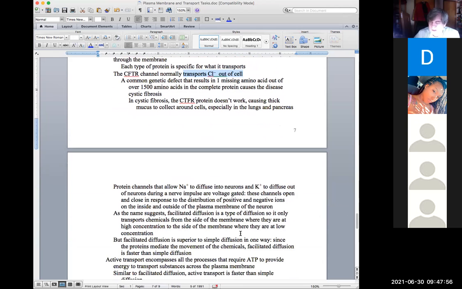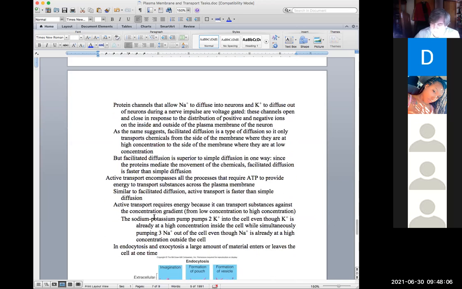One of the most important types of active transport is something called the sodium-potassium pump. Cells have a lot of potassium in them. They don't have very much sodium, but out around the cells in your blood or the other fluids surrounding cells, there's a lot of sodium and not very much potassium.